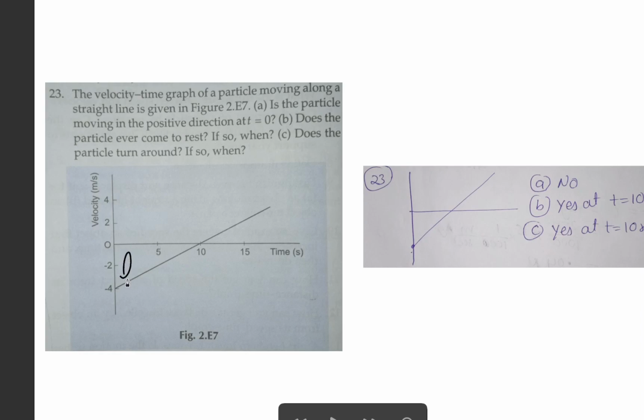No. Does the particle ever come to rest? Velocity is 0 at t equal to 0, so yes, the particle is at rest at this time. Does the particle turn around? Yes, the particle turns around at t equal to 0, because from negative velocity the positive velocity starts.